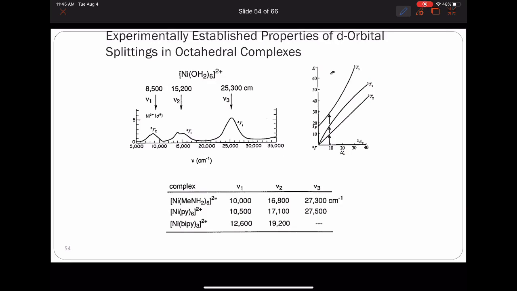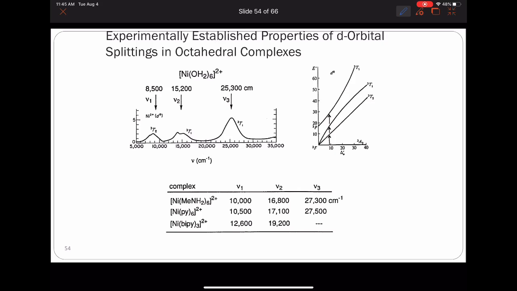There are a number of examples that are provided here, and you can also observe the effects of different ligands. In particular, in these cases, we have essentially a variety of sigma donor ligands, and then water is going to behave as a slight pi donor, whereas pyridine and bipyridine will be slight pi acceptors.